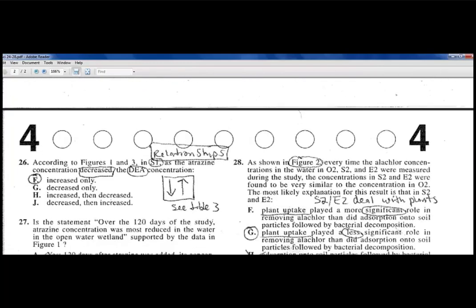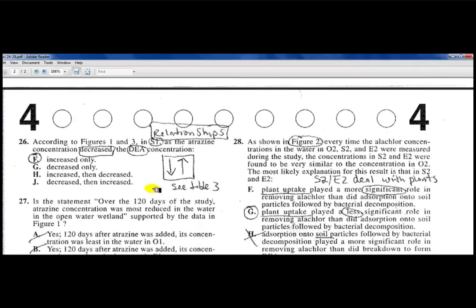It's a negative relationship, so when we come back over here, read the question again so we get unconfused. In experiments figure 1 and 3, in S1, the atrazine concentration decreased, then you know that the DEA is going to have to go up because of this negative relationship. F is the only answer that's going to work there. Remember, these arrows really are helpful, or the plus-minus system. 26, F.